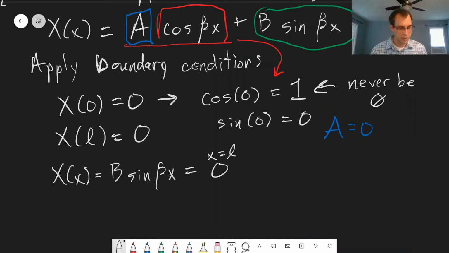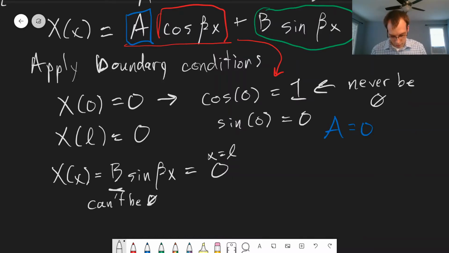Now let's look at this. We can plug in the value of L. So if we don't want this to be a trivial solution again, we know that b can't be 0. Because if b is 0, then we just end up with our string not moving at all, and that's boring.